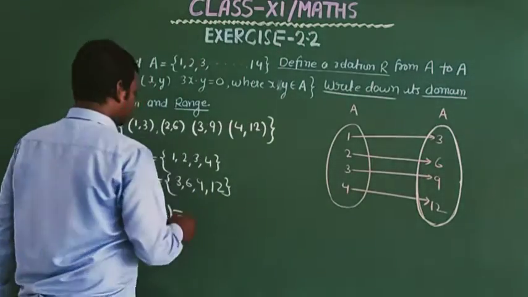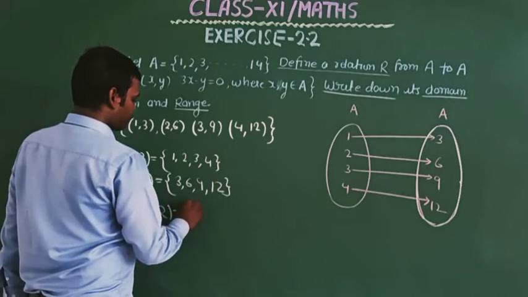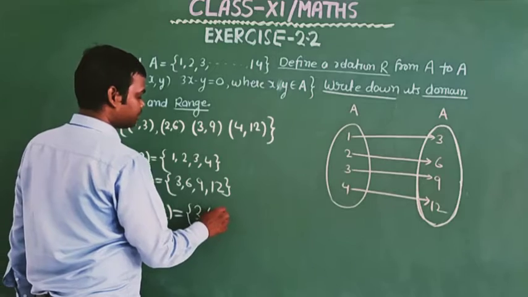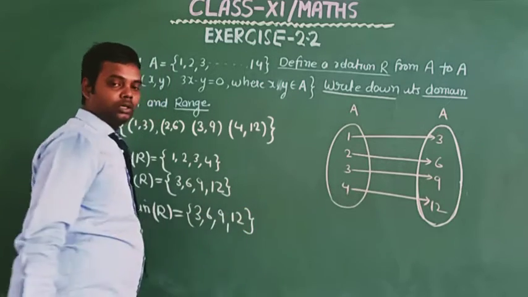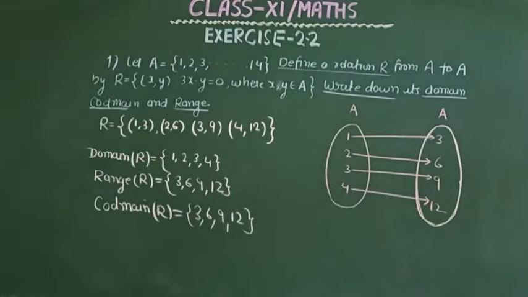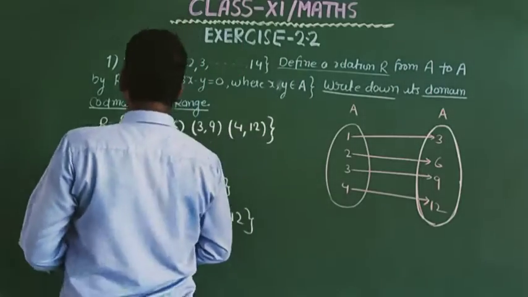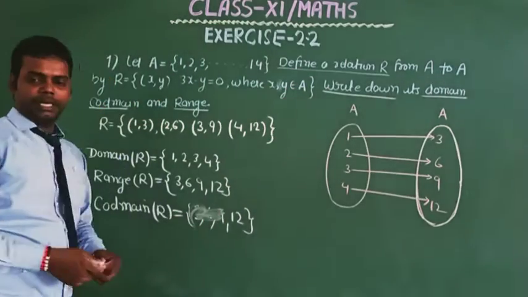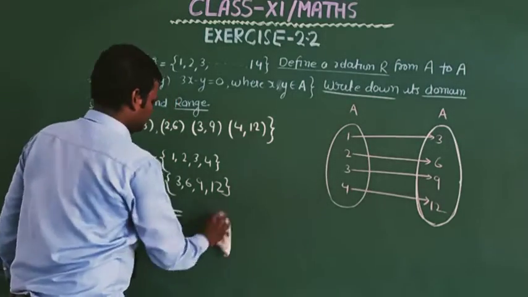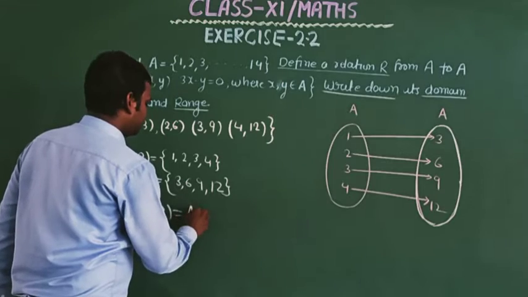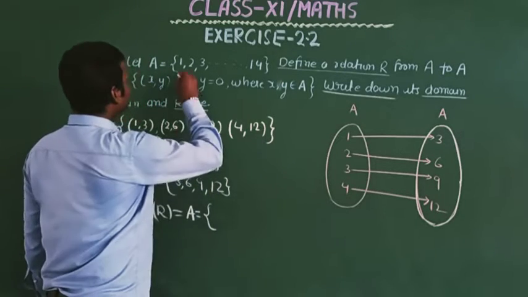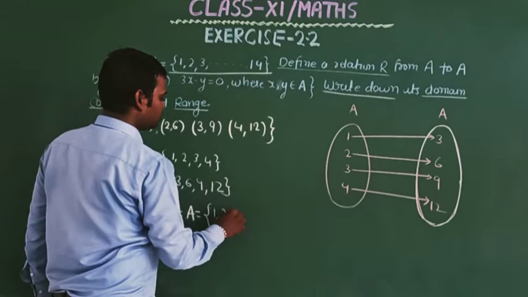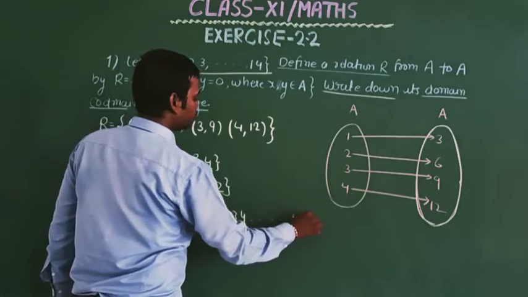So the codomain of R equals the whole set A. Whole set A means 1, 2, 3, 4 up to 14.